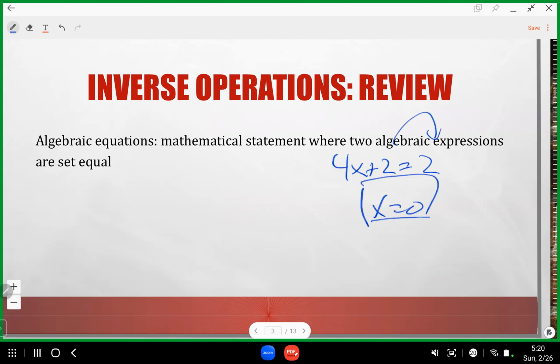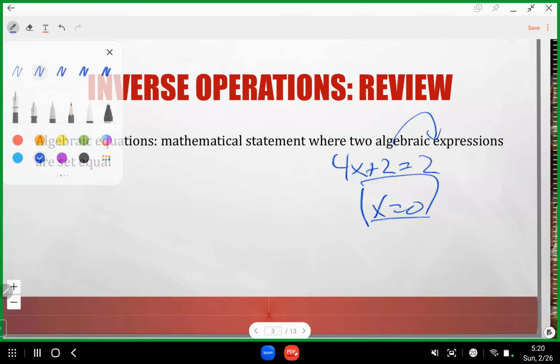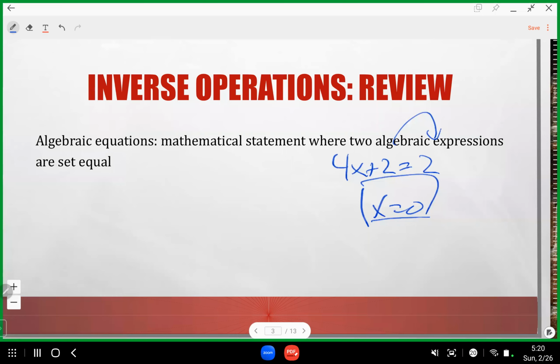By isolating this variable, you need to use inverse operations, right? So I'm sure a lot of you know what inverse operations are. So let's just review real quick. What is the inverse operation to addition? It's going to be subtraction, right? And the inverse operation to multiplication is going to be division.